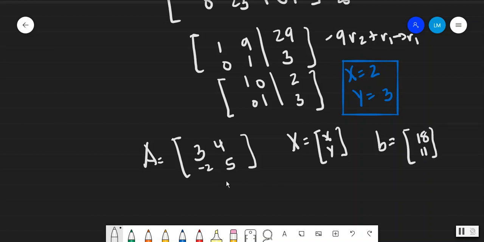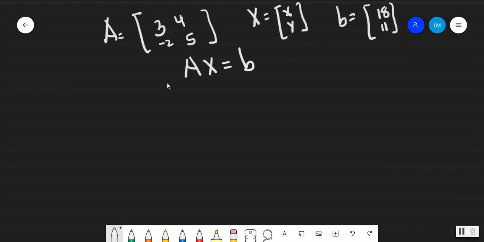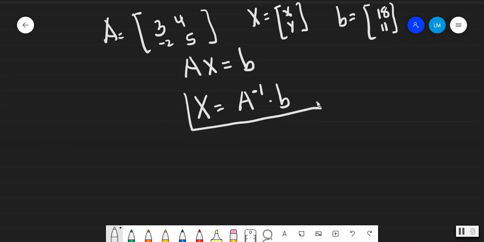Now, we know that we took A and multiplied it by x, and that this was equal to B. So if this is true, then technically I can solve for x by multiplying by the inverse on both sides. So I have that x is equal to A inverse multiplied by B, which means that this is the solution.